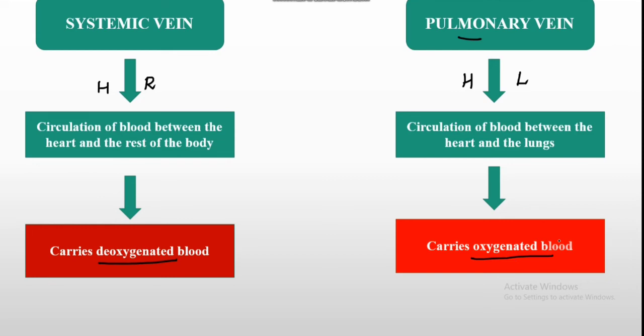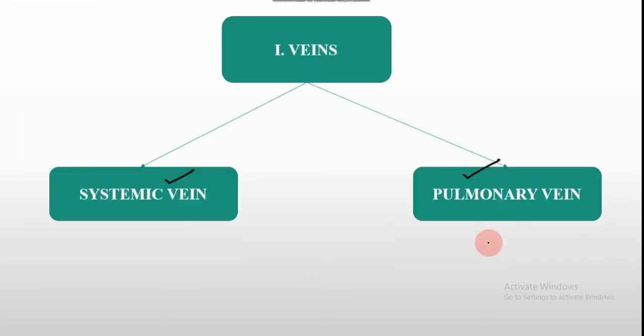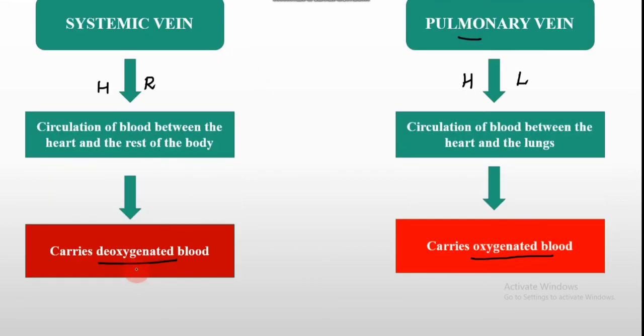In arteries it was different; in veins it is the opposite. In arteries, the systemic artery was carrying oxygenated blood and the pulmonary artery was carrying deoxygenated blood. But observe here, the systemic vein is carrying deoxygenated blood and the pulmonary vein is carrying oxygenated blood. That is the difference.